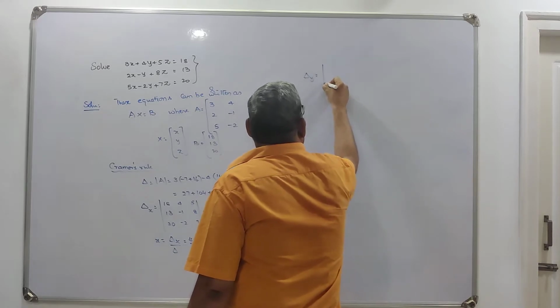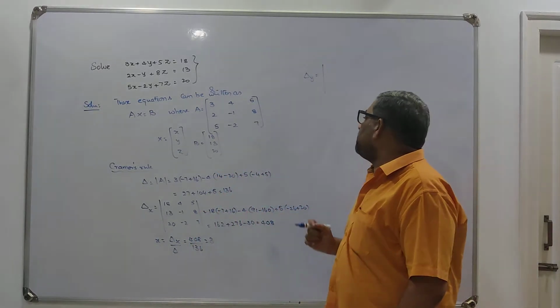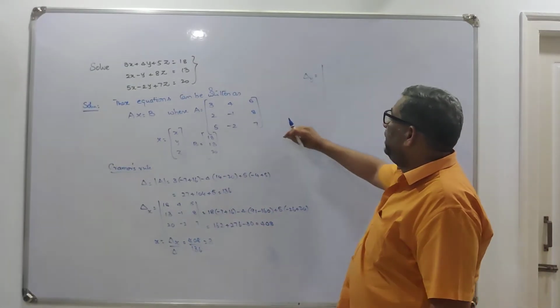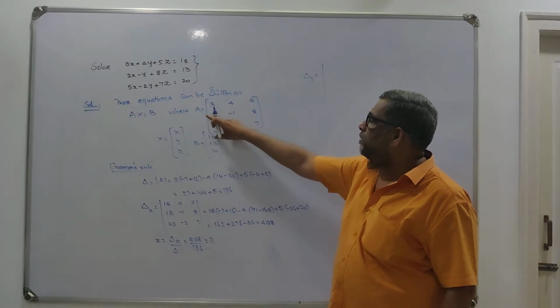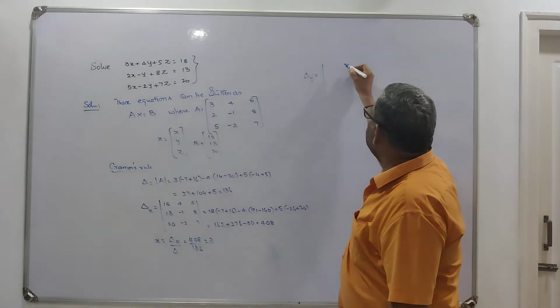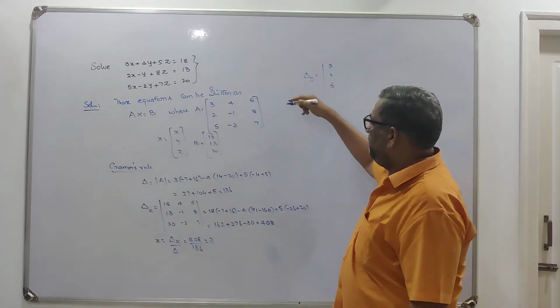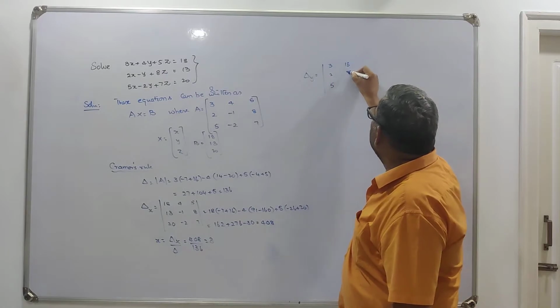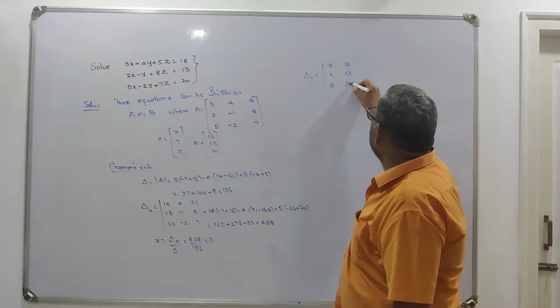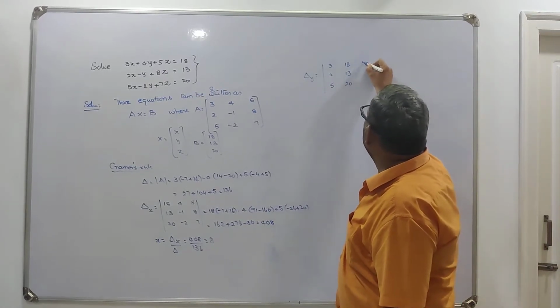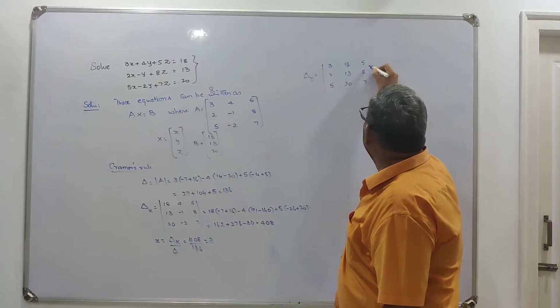Similarly, I will find delta y. This is also a determinant of a matrix obtained by replacing the y column of A with these elements. The second column will be replaced with 18, 13, 20, so the matrix is 3, 4, 5 with 2, 13, 8 and 5, 20, 7.